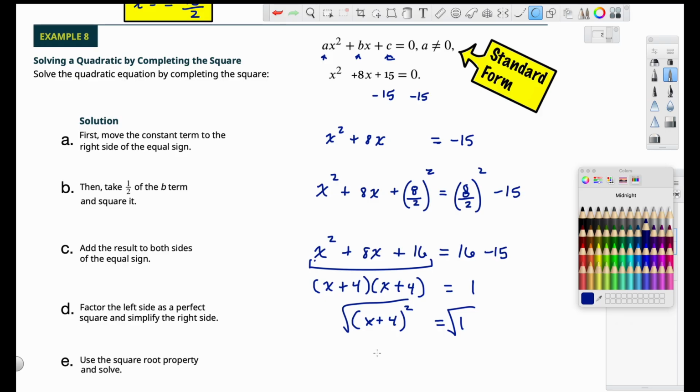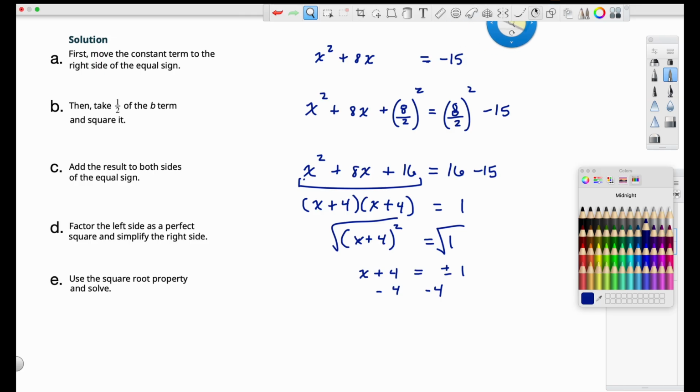And we're going to get x plus 4 equals, now what's the square root of 1? Well, it's 1, but it could be positive or negative 1. All right, now last step, we're going to subtract 4 from both sides. Scroll down a little bit.